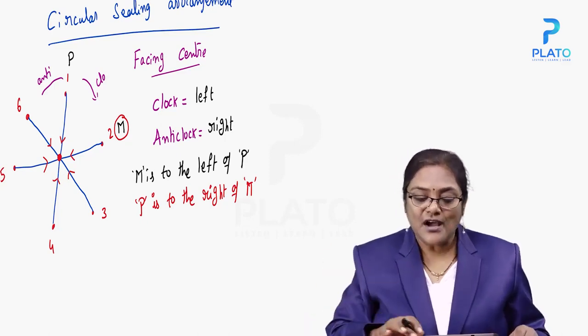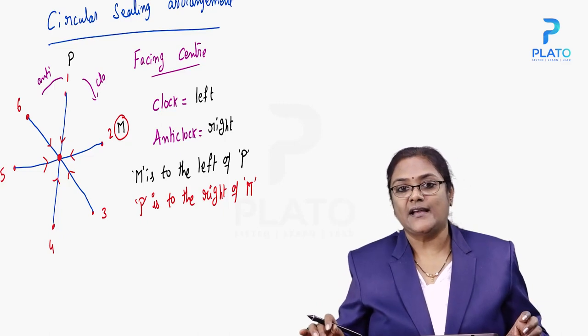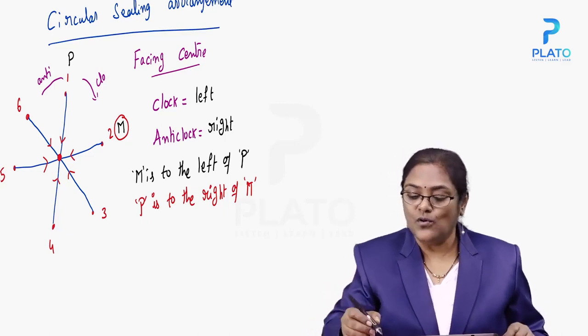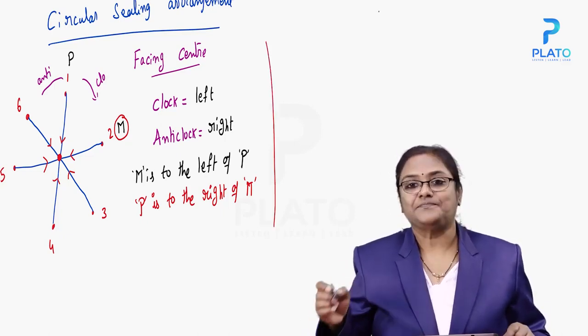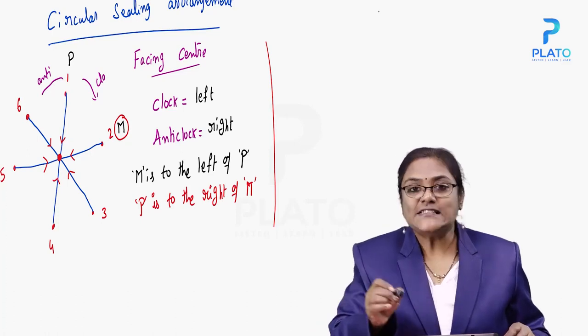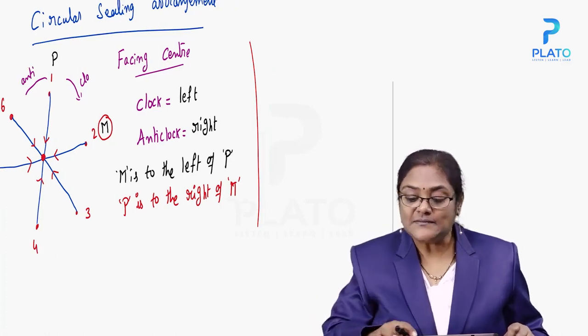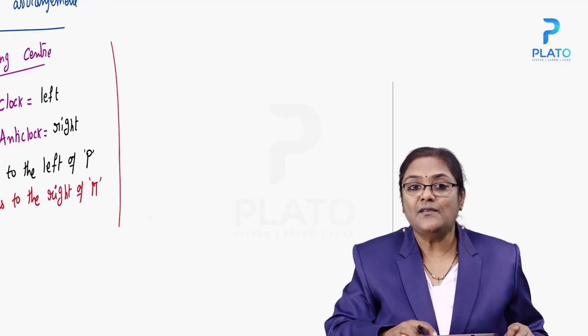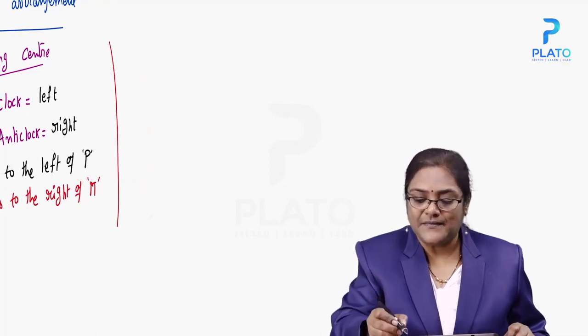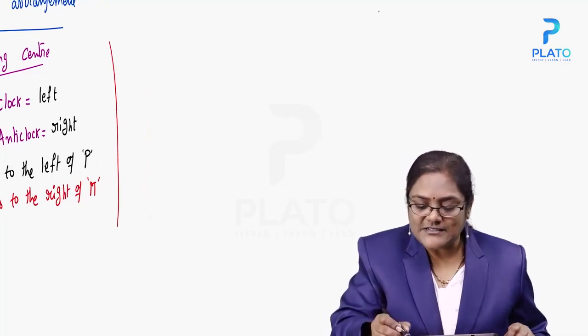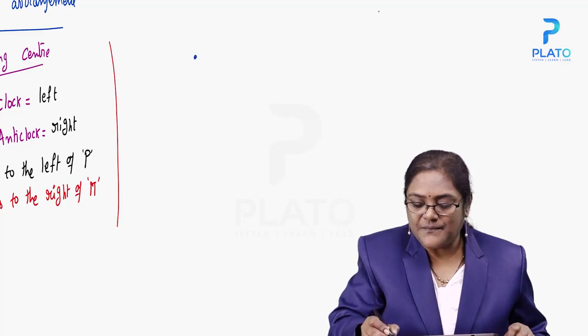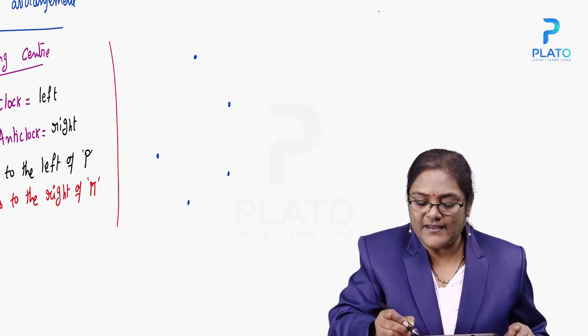Great. So now in the same circular arrangement, there is one more phase to understand. So this is facing the center. Sometimes what happens? People can face opposite the center. Now please look at this. I'm taking the points 1, 2, 3, 4, 5 and 6.